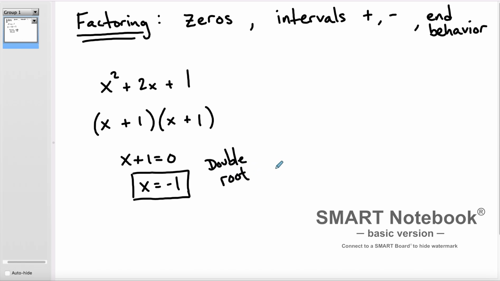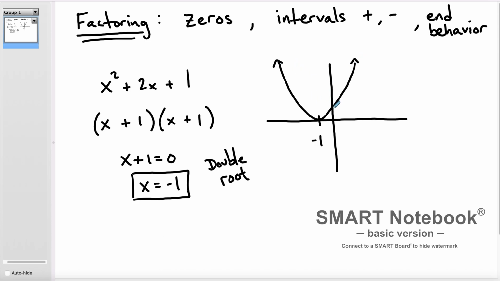And when we see a double root, we know that the graph doesn't cross the x-axis, it just touches the x-axis, all right? So this graph will not cross the x-axis, but it will just touch the x-axis at x equals negative 1. So we know this is a parabola, and it's just going to touch there at negative 1.